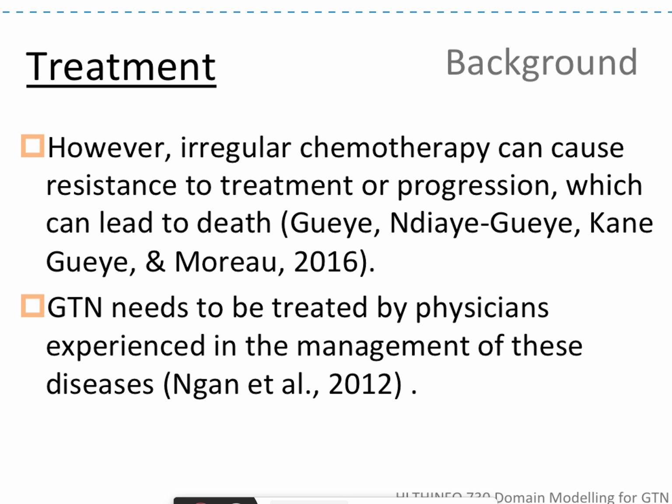However, irregular chemotherapy can cause resistance to treatment or progression, which can lead to death. Therefore, the FIGO guideline suggests that GTN needs to be treated by physicians who are experienced in the management of these diseases.